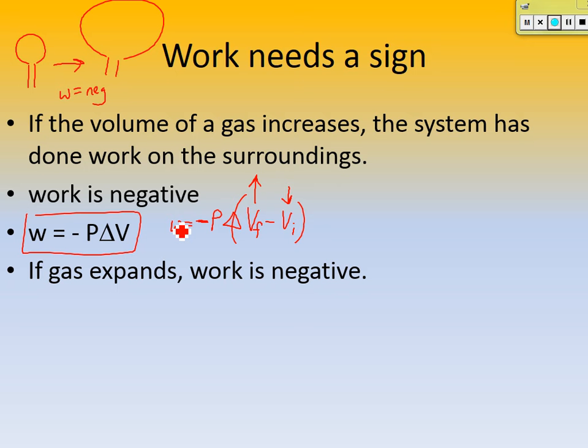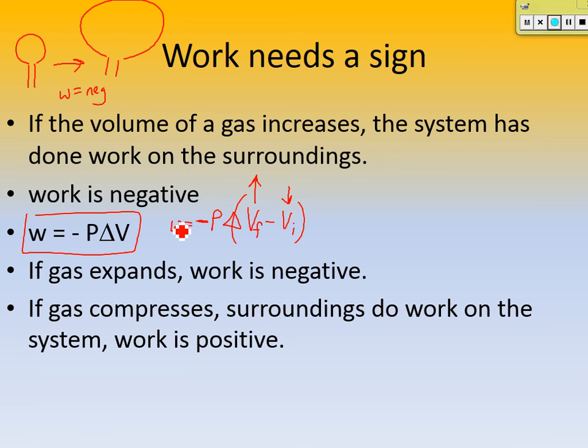So let's contrast that to the opposite. What if the volume is compressed? What's the sign of work going to be? Okay. So let's look at it. If gas compresses, surroundings do work on the system and work is positive. Good.